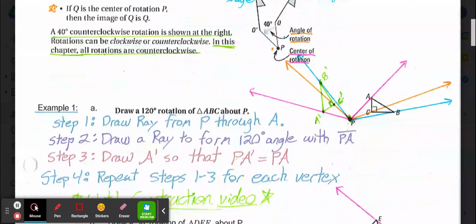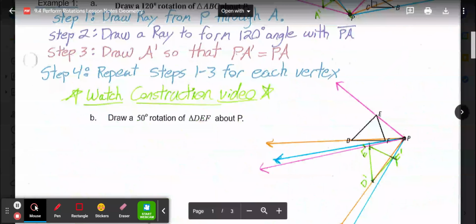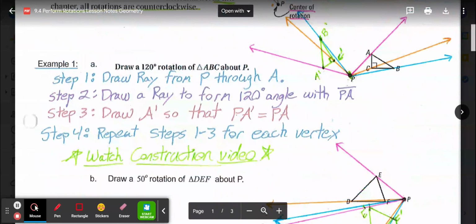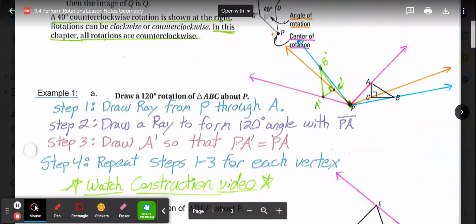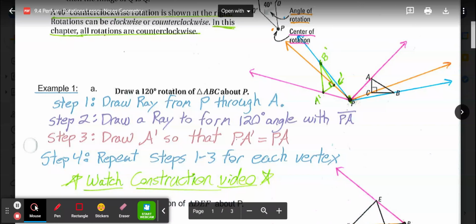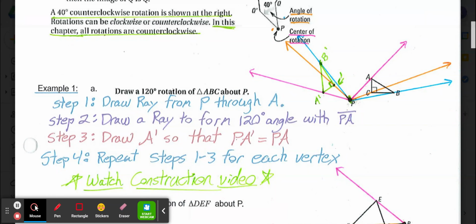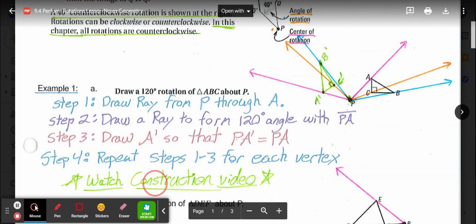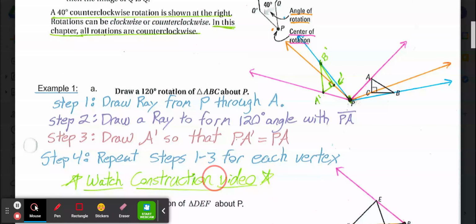Now, for example 1 and 2, you can see I already drew in the rotations and drew in my different rays. So I'm going to read through these 4 steps, and then what I want you to do is to pause the video and watch the video showing you how to do this construction.